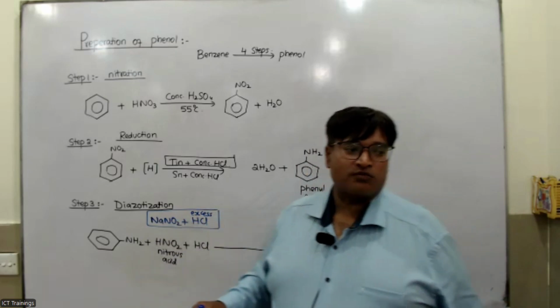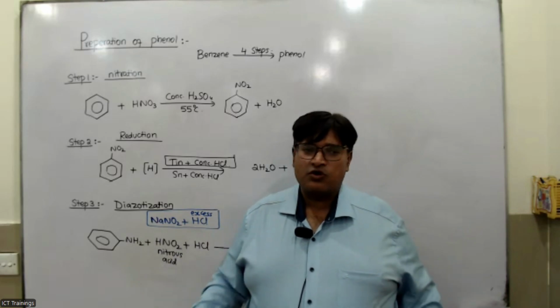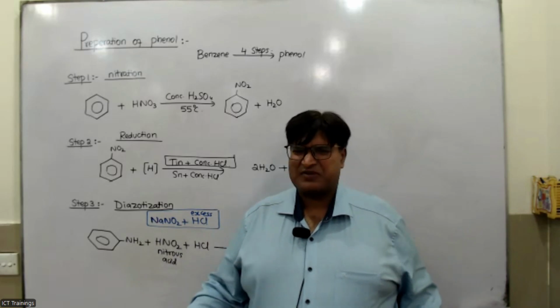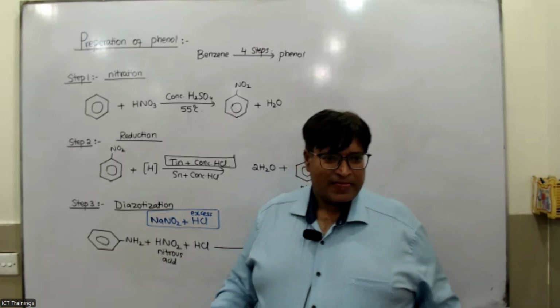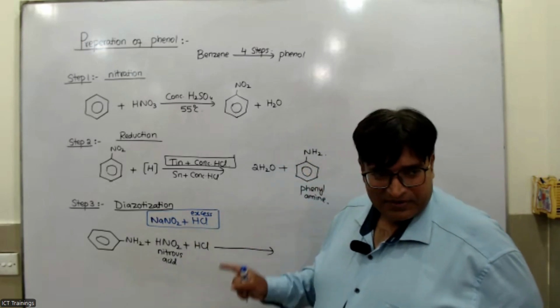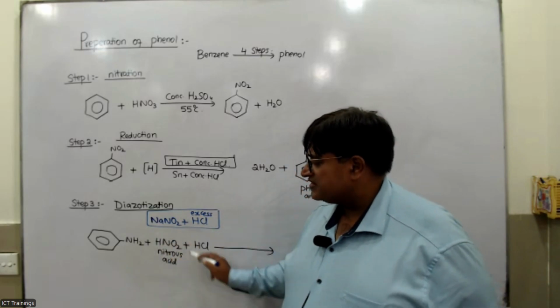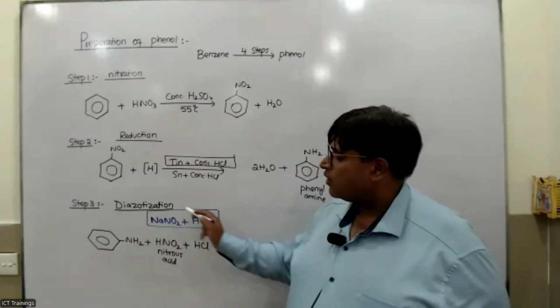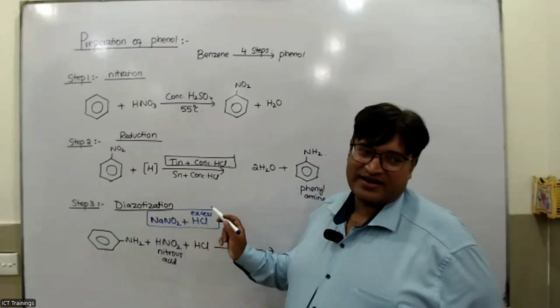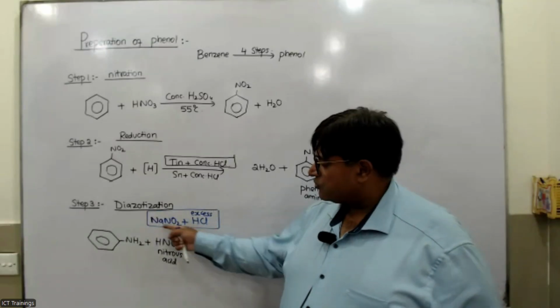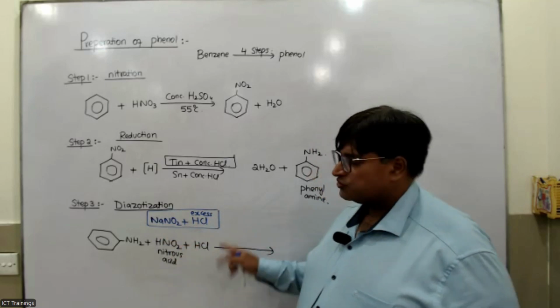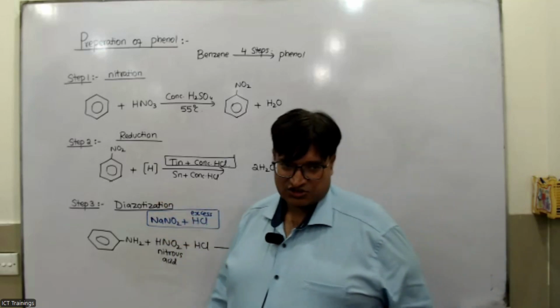NaCl is also formed, but we don't need the NaCl. If it is present, doesn't matter. So remember, in the paper, in place of these two reagents, HNO2 and HCl, normally they write NaNO2 and HCl. If they wrote these two things or those two things, both mean diazotization.